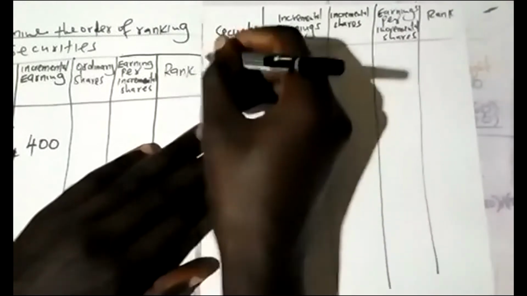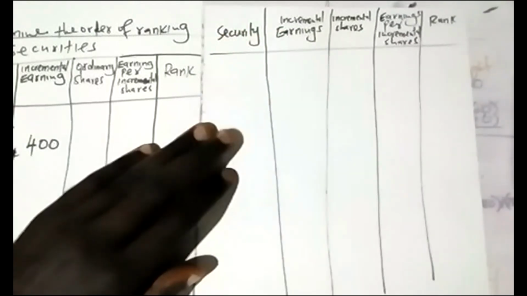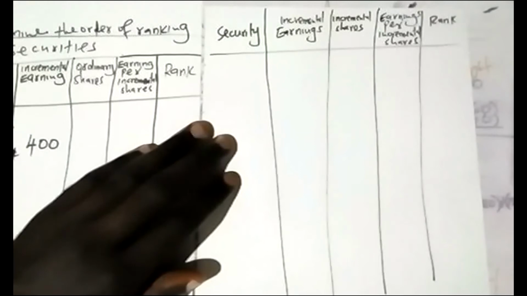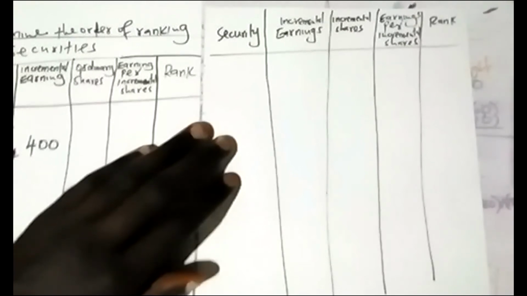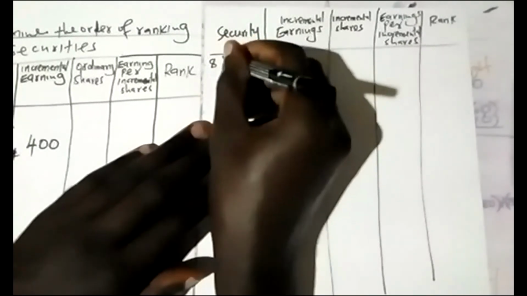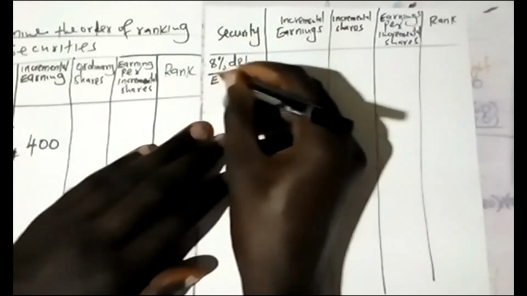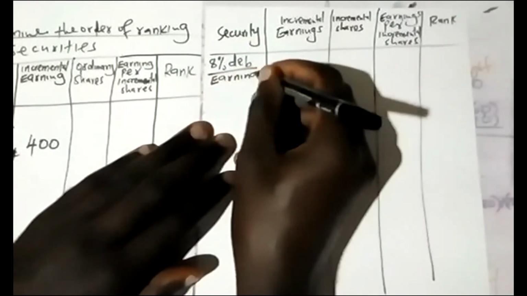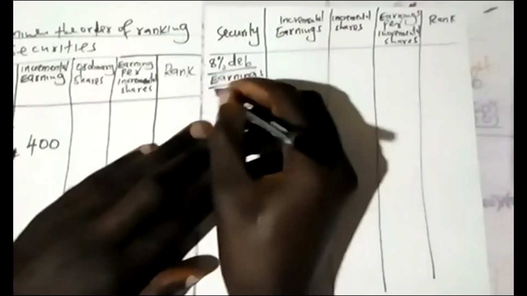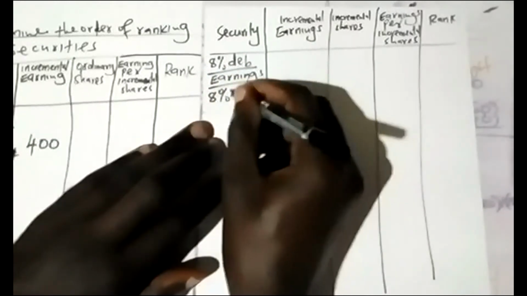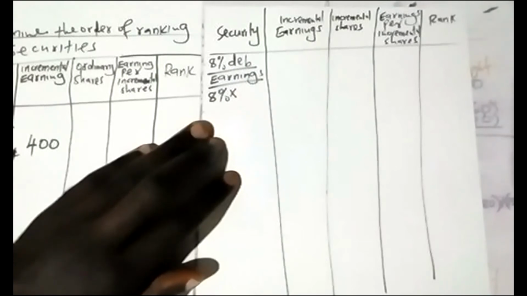So what you do now, the next one, it was 8% debenture. So what about the earnings? Remember it's all about 8% times the debenture itself. The debenture was not converted, so you record just once.